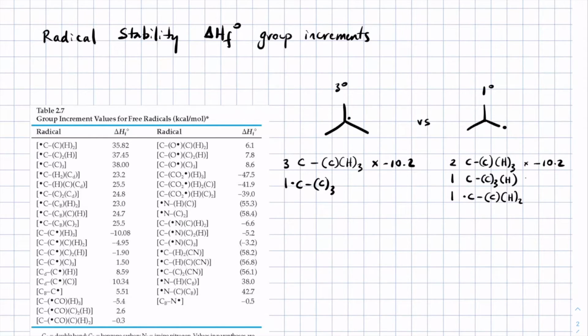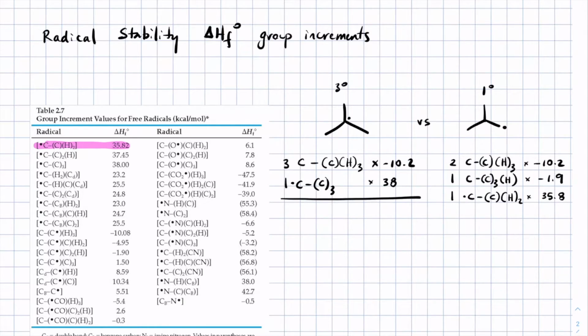The single CH group is minus 1.9. The primary radical is plus 35.8, and the tertiary radical is 38.